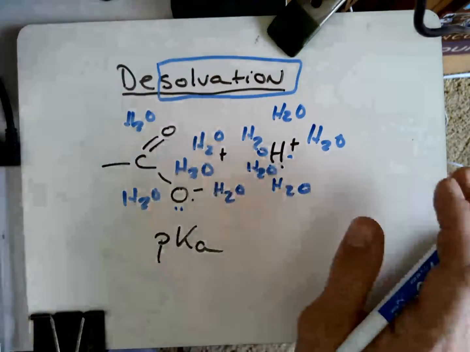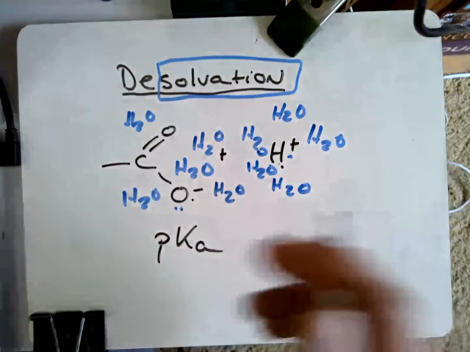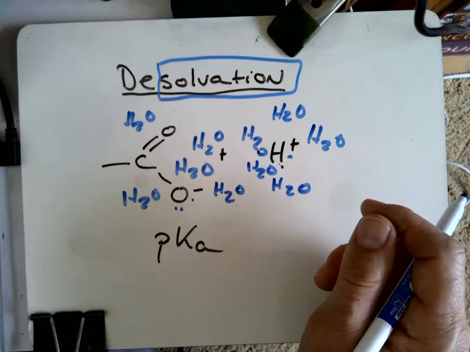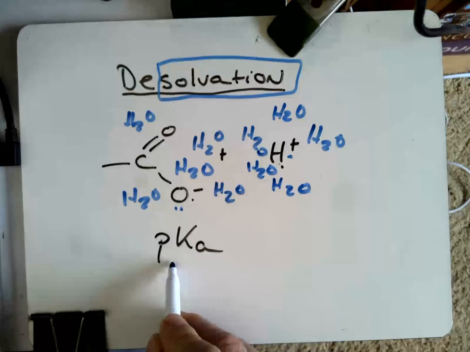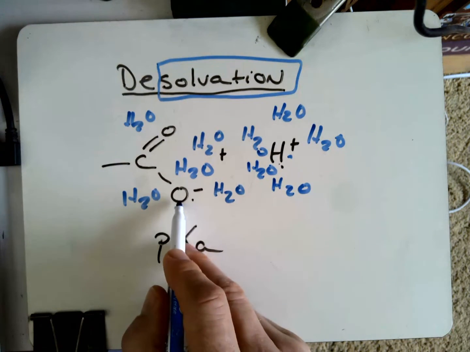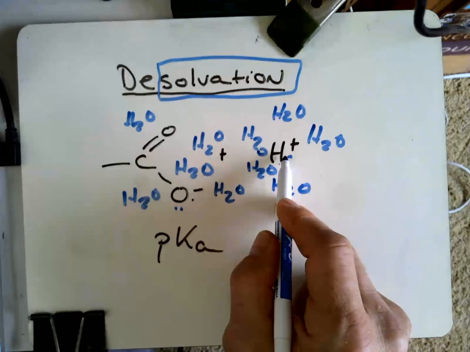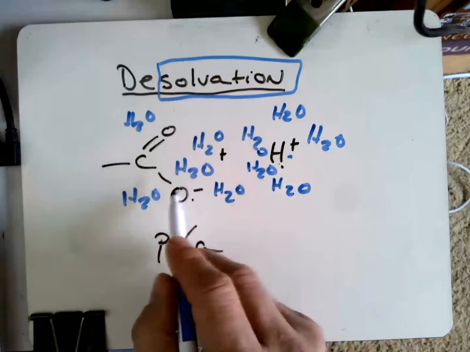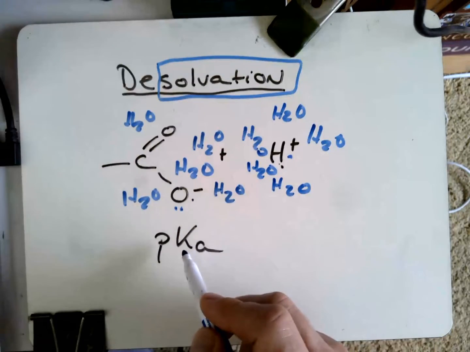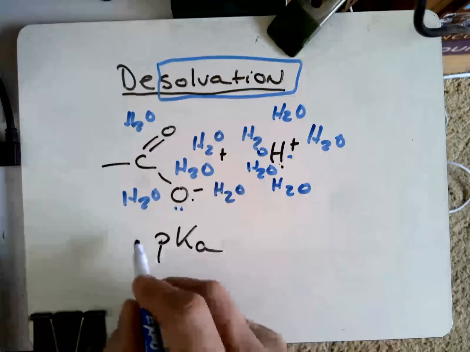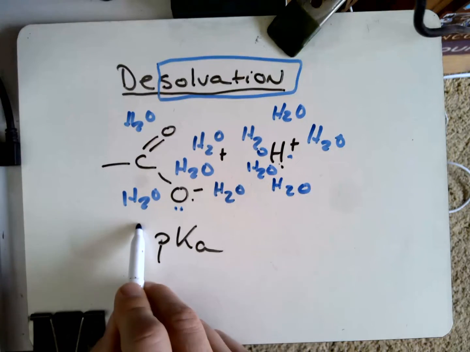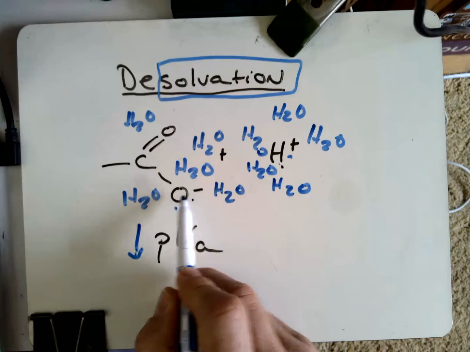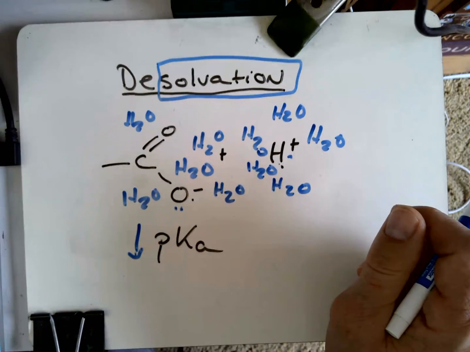Now, it's not completely stopping that ability, it's just hindering it a little bit. And if we have defined pKa as the affinity of the oxygen for this hydrogen, then if we are hindering that ability, the water molecules are lowering the pKa, lowering the ability of that oxygen and that hydrogen to covalently bond.